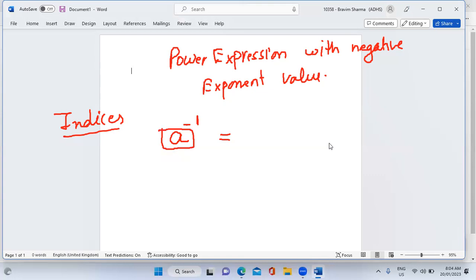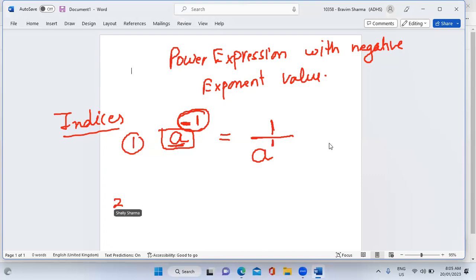So if you want to make this exponent value -1 positive, just bring it to the denominator and change the sign of this exponent value. So now it will become +1. Because this a to the power -1 was in the numerator, to make this -1 exponent a +1 exponent, we brought it to the denominator.